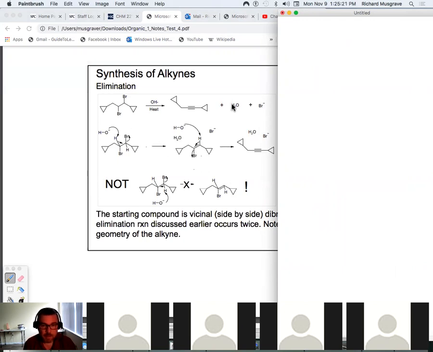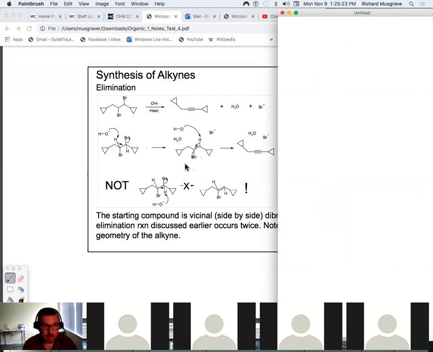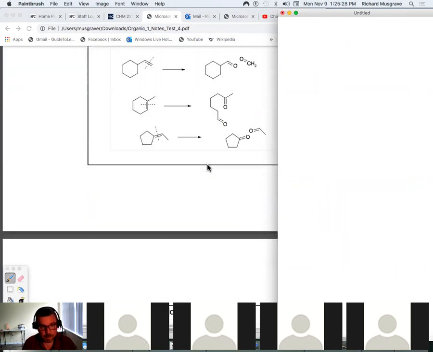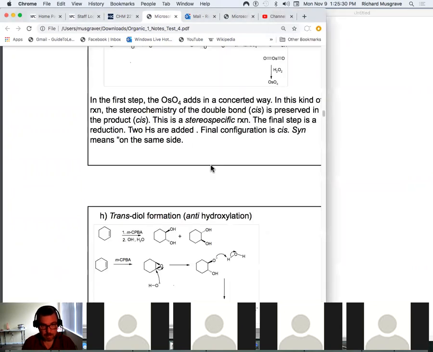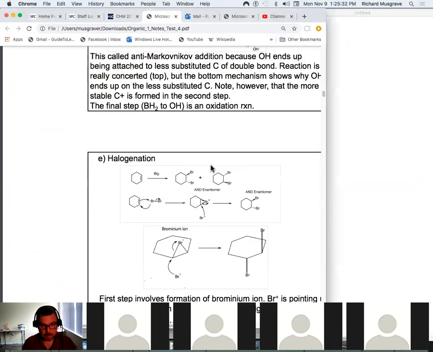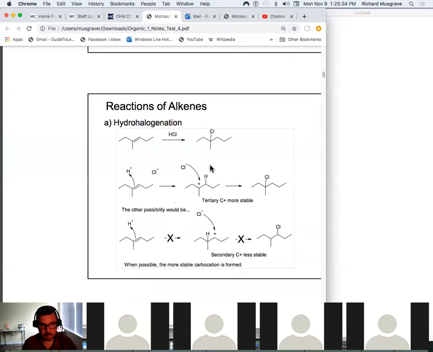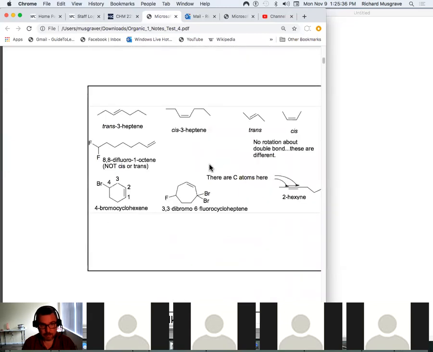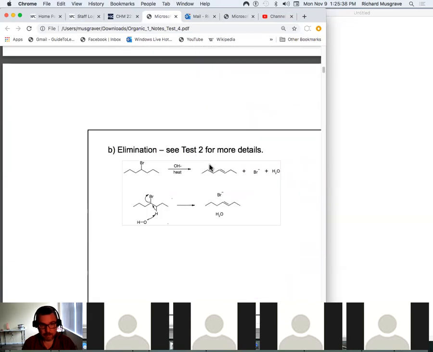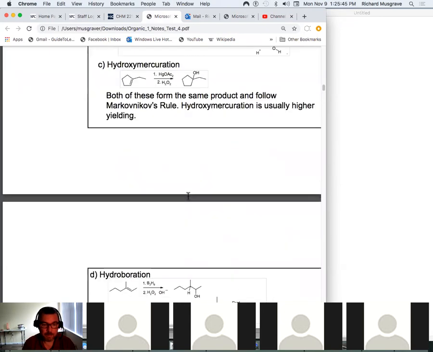If you remember, I had a reaction way back here. I'll show you now. Remember, this has two bromines on it side by side, right? There's this one here. If you've got one bromine, you get one double bond, right? So one bromine, one double bond.